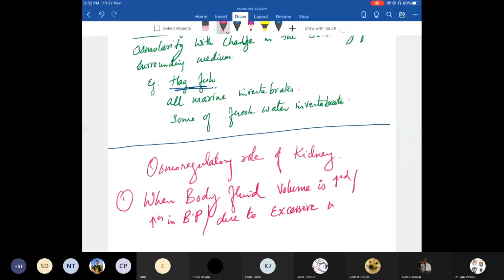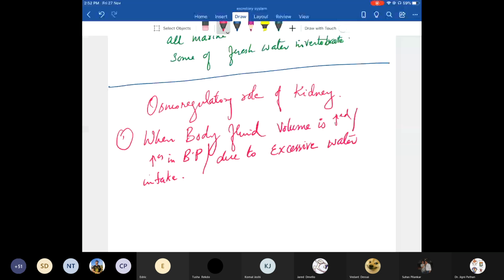When there's an increase in body volume, there's a pressure on the arteries, right? So obviously the blood pressure increases.